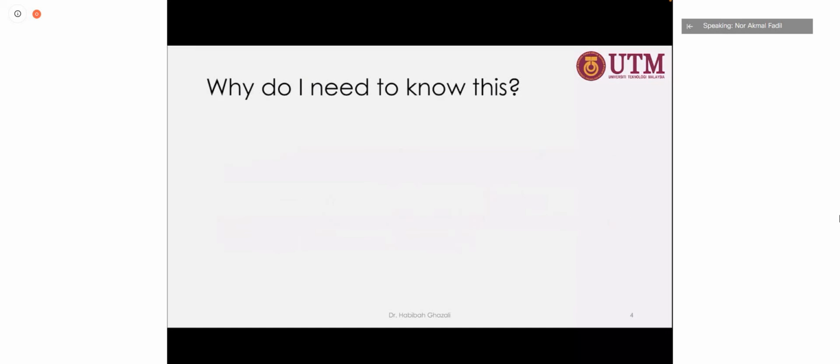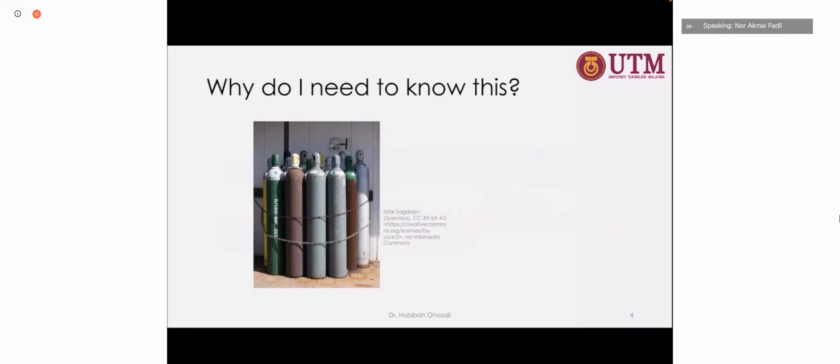Okay, why do I need to know this? Imagine there is a container containing different types of gas. If the gas is able to diffuse through the container, what will happen? We need to understand the diffusion behavior of the gas inside the tank, and whether or not it will pass through the container.